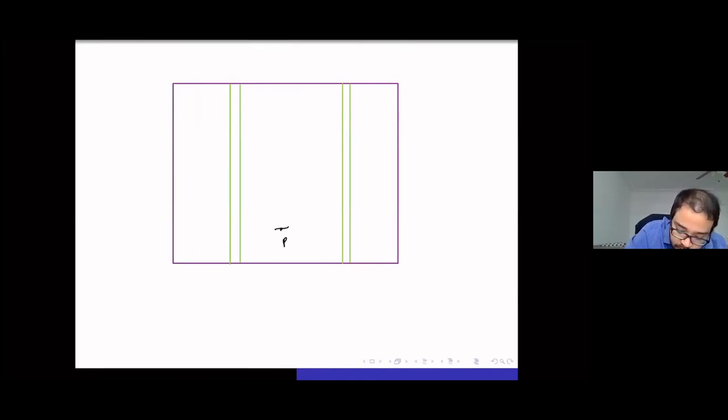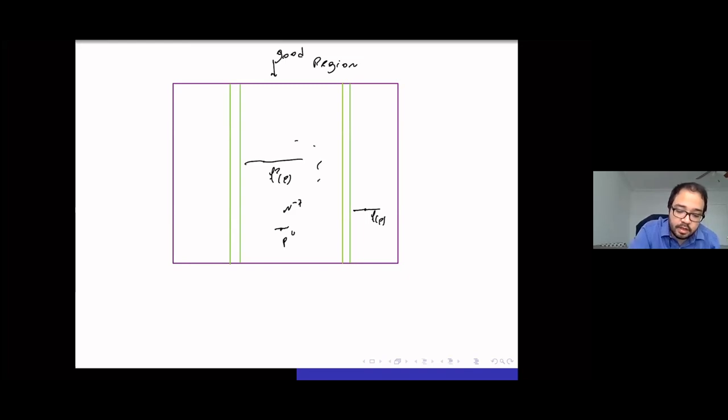So this would be the unstable manifold of some small size at first, n to the -7. And this is the good region. Then you start iterating this point, and that manifold starts to grow. And what happens is that up to 15 iterates, in the worst case, your manifold did something like this.